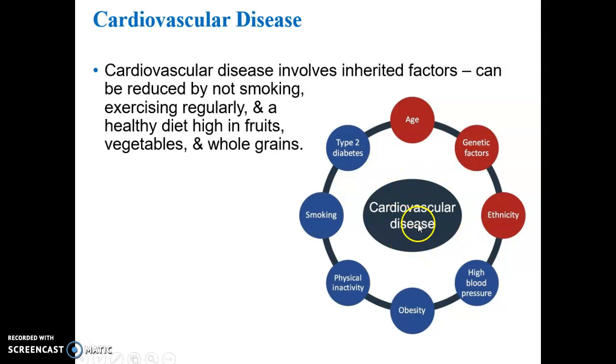However, cardiovascular disease can be reduced by not smoking, exercising regularly, maintaining a healthy body weight, and a diet that's high in fruits, vegetables, and whole grains, and lower in meats, especially red meats like beef and pork, and fats, and highly processed foods, which is the opposite of whole grain foods, like brown rice versus white rice, whole wheat bread versus white bread.